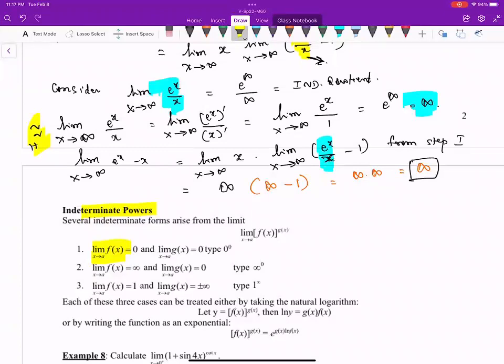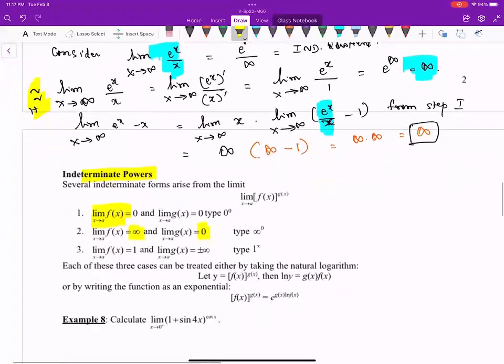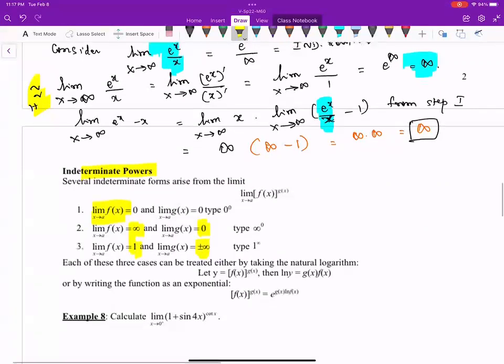Now if the limit as x approaching a of f of x is infinity and the limit as x approaching a of g of x is 0, then it becomes infinity to the power 0. If the limit as x approaching a of f of x is 1 and the limit as x approaching a of g of x is plus or minus infinity, then the type becomes 1 to the exponent infinity.